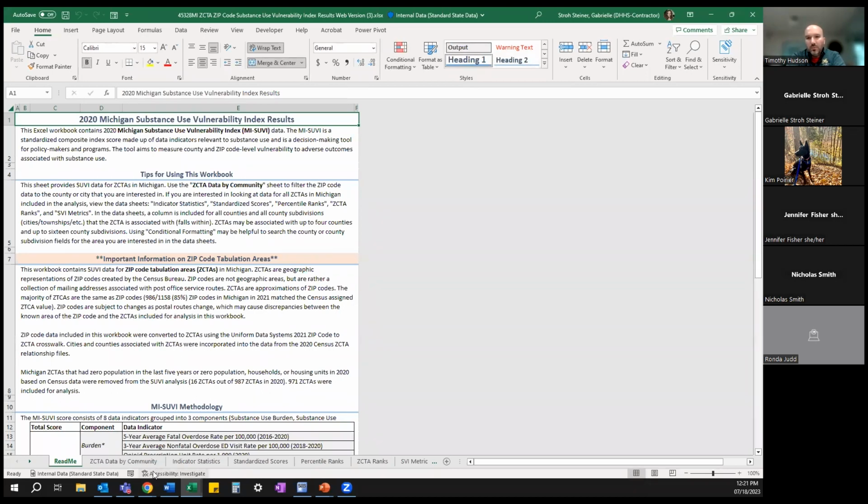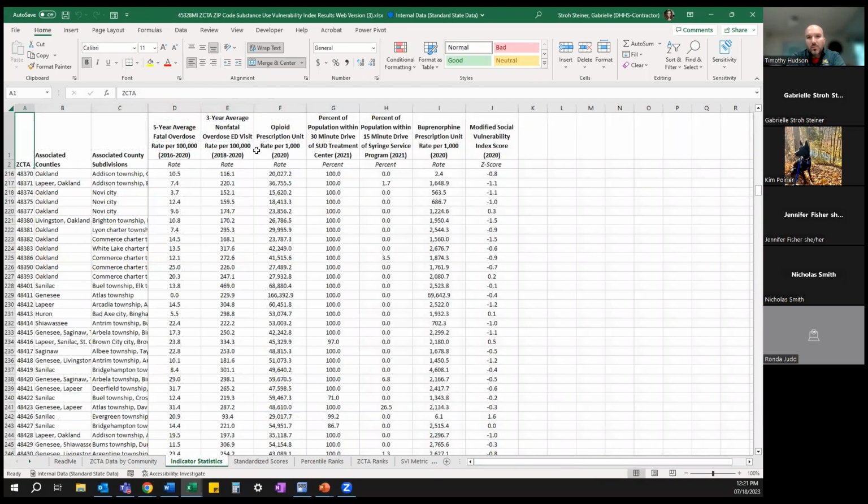Each of these workbooks has the specific indicators that go into the SUVI. You could look either by county in that worksheet, or here we're looking at zip code, exactly what the data indicators are. What is the fatal overdose rate? What's the opioid prescribing unit? And then you can look at different standardizations of the scores.